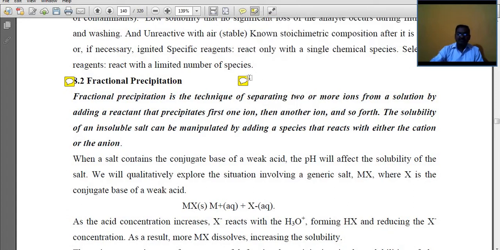Once again, fractional precipitation is the technique of separating two or more ions from a solution by adding a reactant that precipitates first one ion, then another ion, and so forth. The solubility of an insoluble salt can be manipulated by adding a species that reacts with either the cations or the anions.